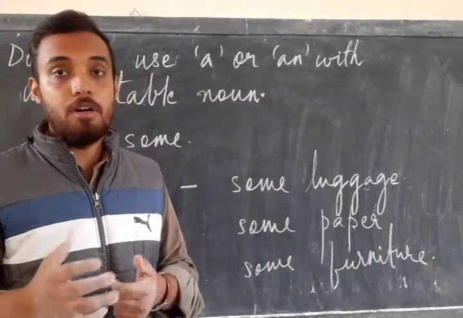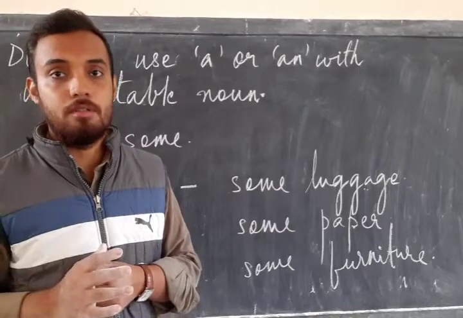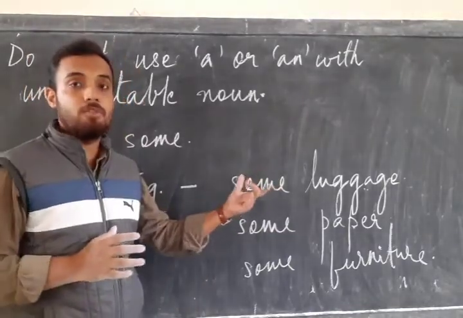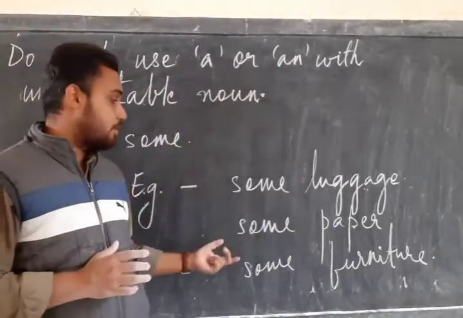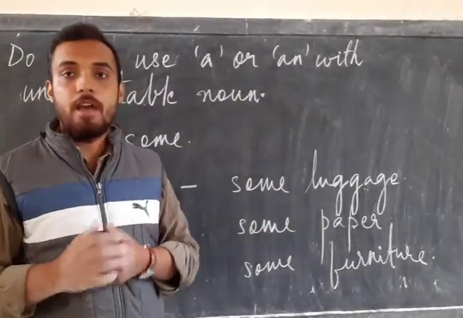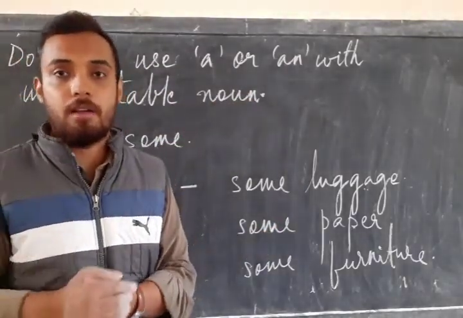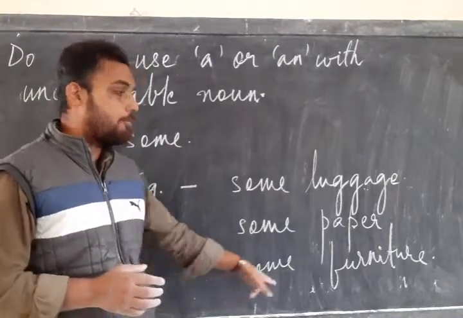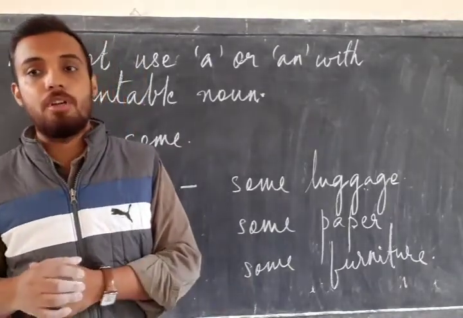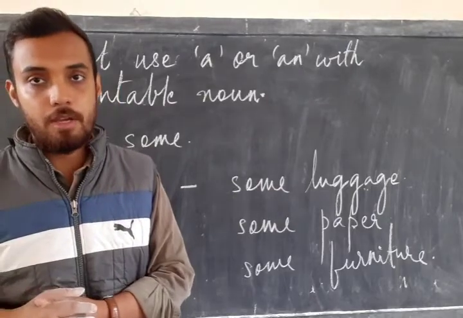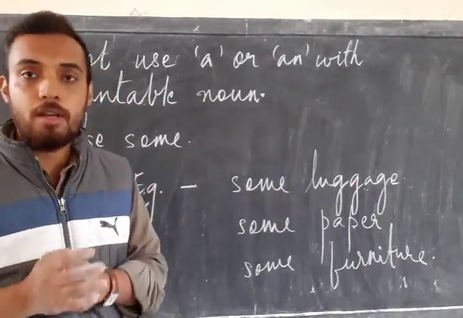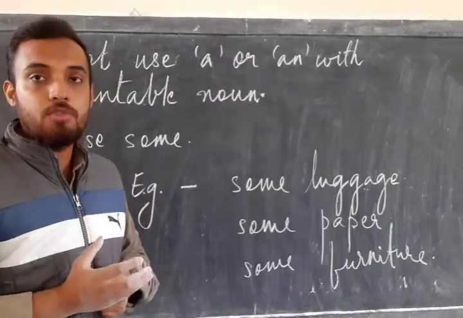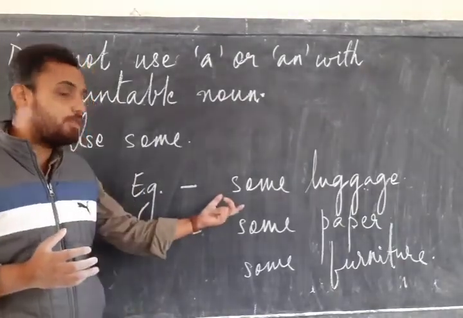We cannot write 'we have a luggage with us', because it is an uncountable noun. Again, some paper: I have some paper left in my bag. Some furniture: we have some furniture in our house.